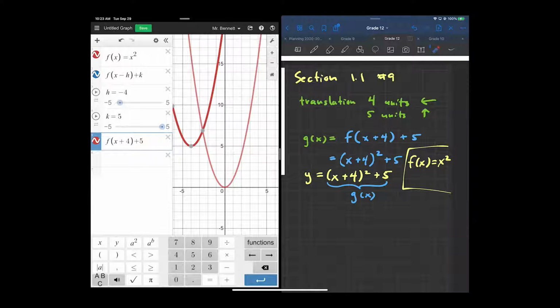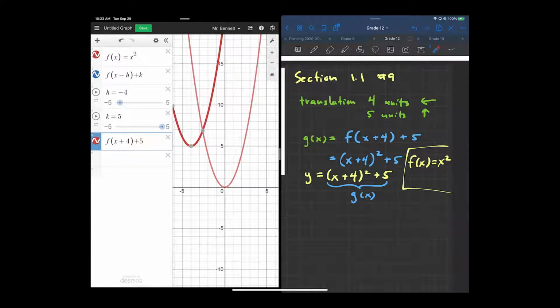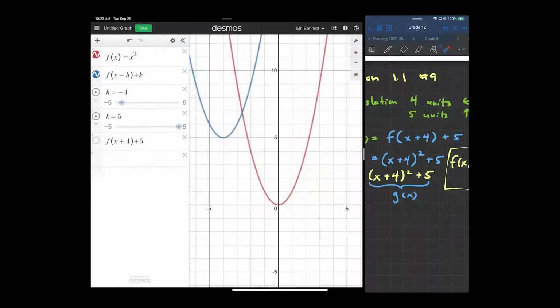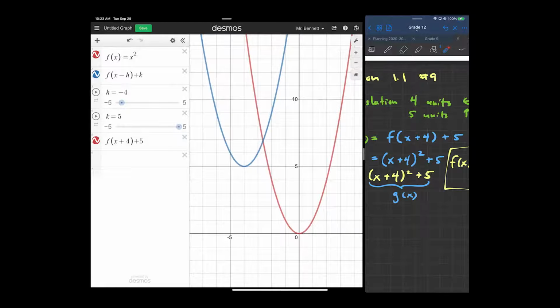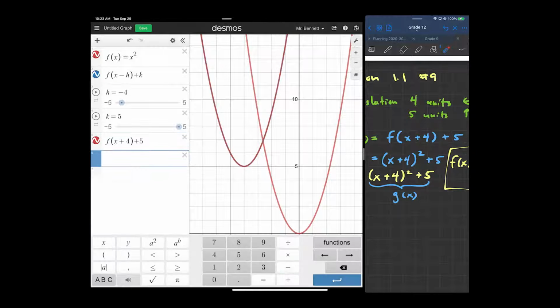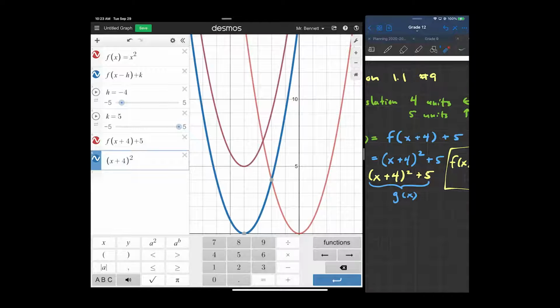You can see that goes right on top of the function I just constructed using those sliders. So it's that same function. Beautiful. By the way, that's going to be this function, f of (x plus 4) squared plus 5.